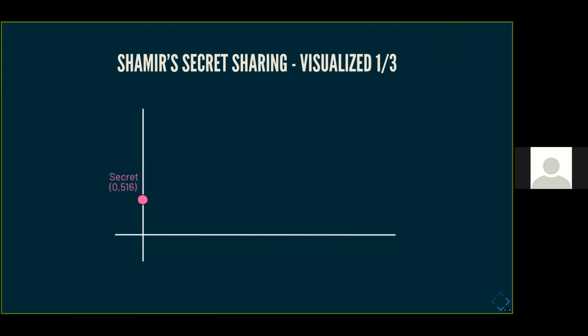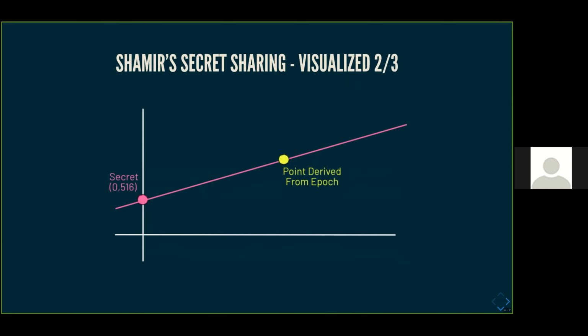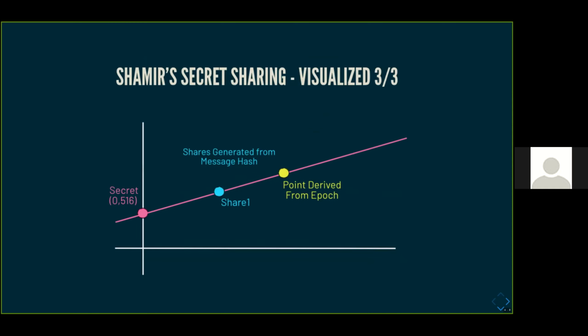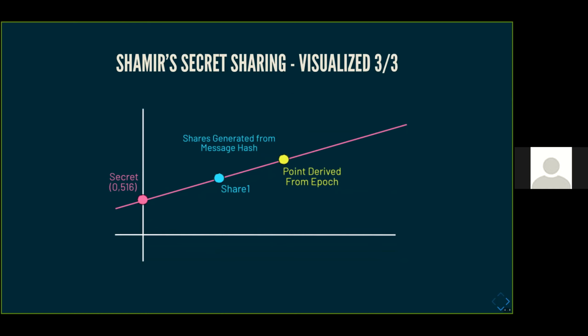Yeah, so if your secret is 516 or some other arbitrary number, then we create a point out in space that is derived from the app identifier and the epoch, and then the message, and for our latest version of RLN, it's the message plus a message limit identifier, which we'll get into, determine what the share is along this path.